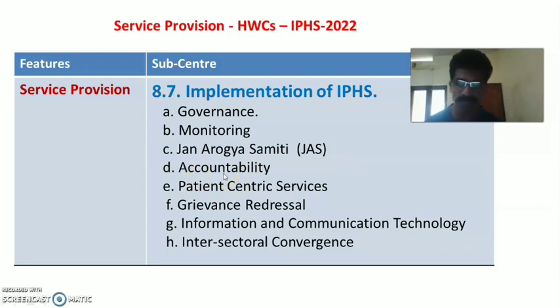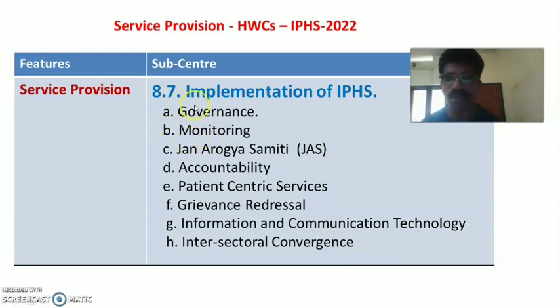Then accountability, responsibility, patient-centric services, and grievance redressal for the health personnel, the staff of the sub-health center, to reduce their stress and tension. Then information and communication technology for communication facilities, and intersectoral convergence, that is collaboration and coordination with other health related sectors to provide quality services.